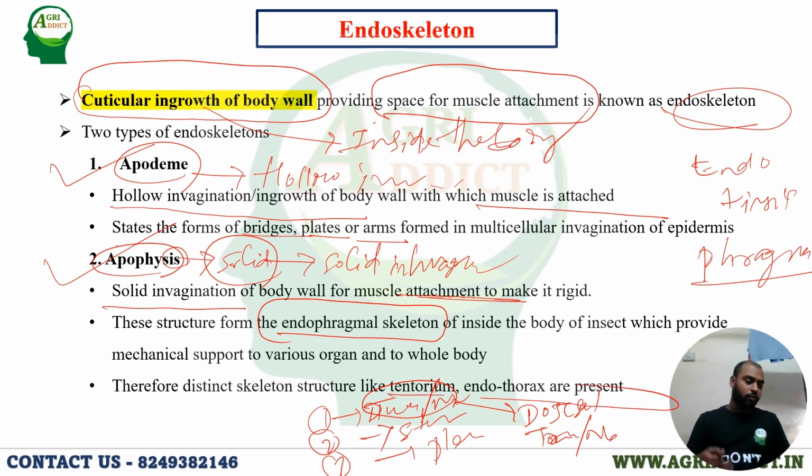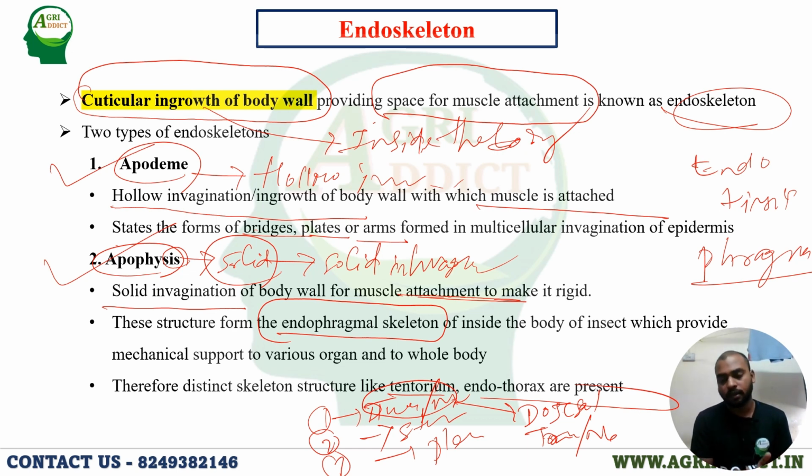You may have one question: what do you mean by tentorium, what do you mean by cranium, what do you mean by endothorax? Actually, these are all endoskeleton. As you know, the head of the insect has six appendages. If I consider the human head, different parts are present: eye, nose, ear, mouth, everything.